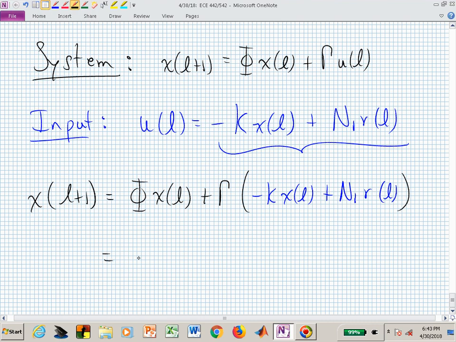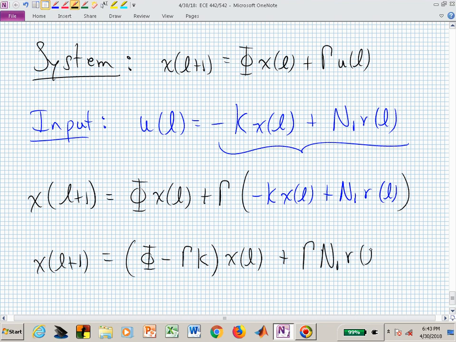In this case, we have phi minus gamma K. That's good. That's what we had before. That was our full state feedback closed loop system matrix, the matrix that scales the state vector in the closed loop system. And then we have plus gamma N sub 1 r of k.